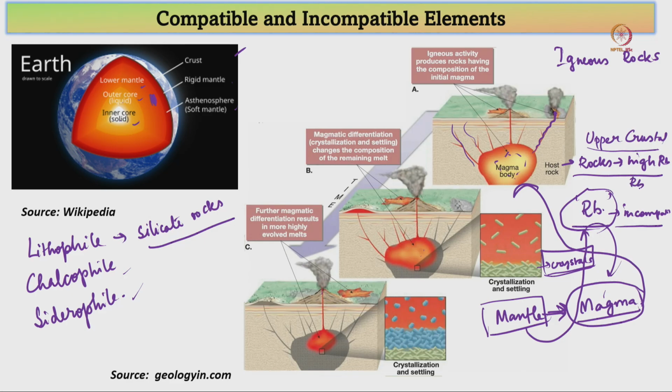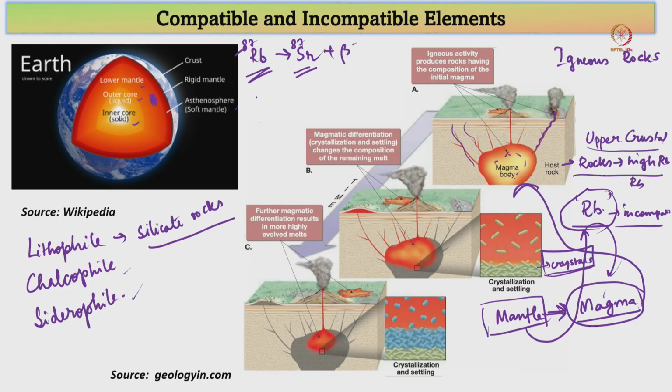Now, we also know that rubidium will decay and produce strontium, right. So, wherever my rubidium concentration is high, my radiogenic strontium concentration will also be high.